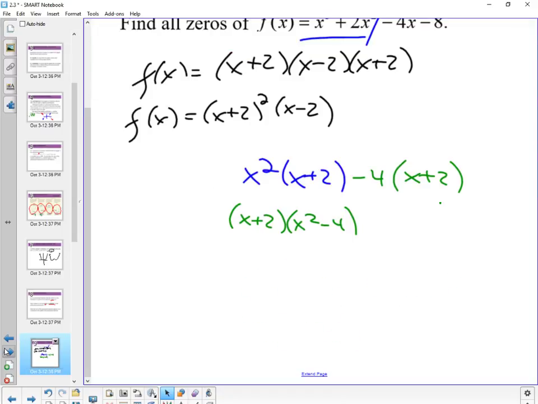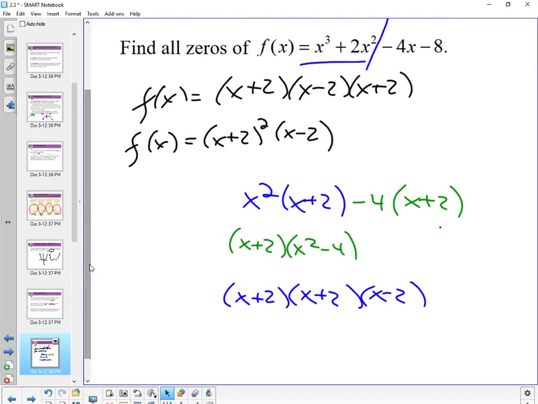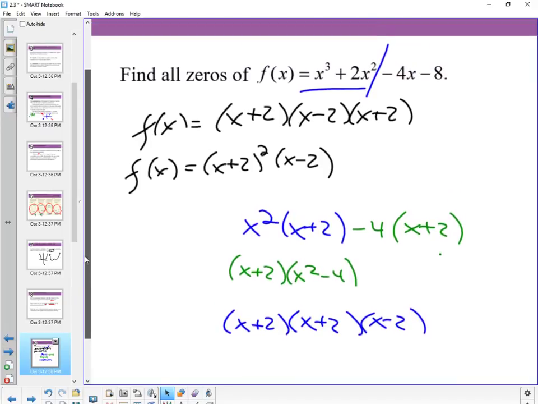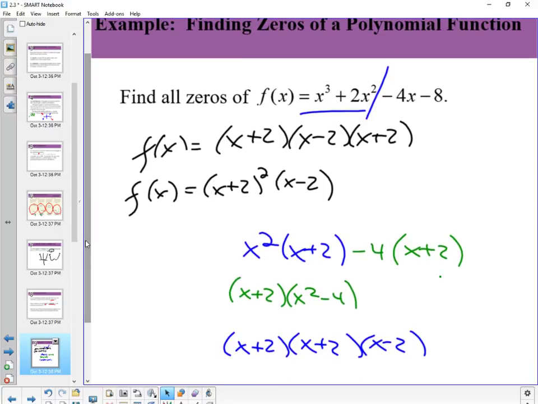And then this becomes two conjugates, x plus 2 and x minus 2. Okay? So hence, this is my factored form. So, why is that even useful? Can I erase this part right here, or are you getting it back? Take it away.